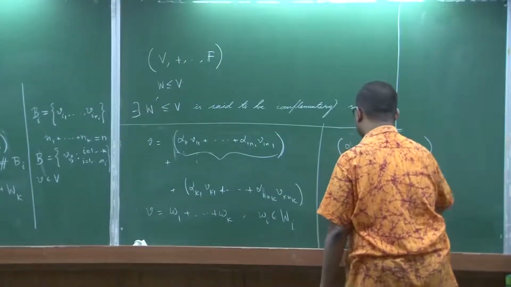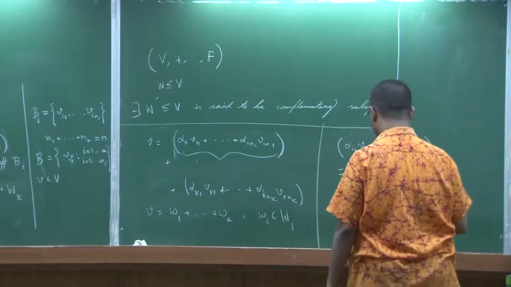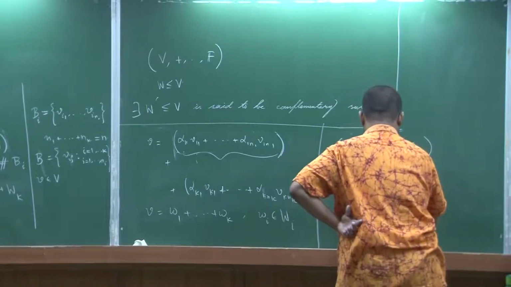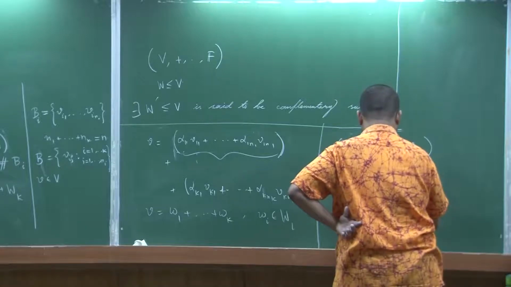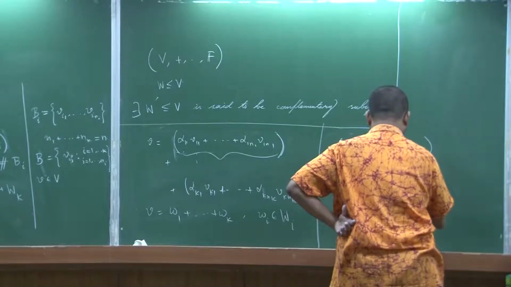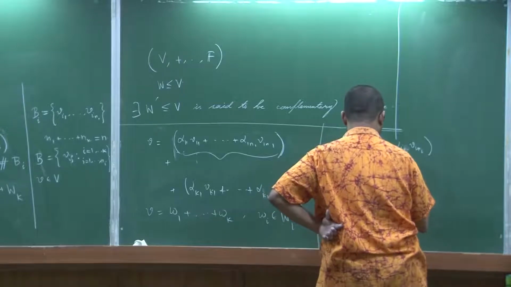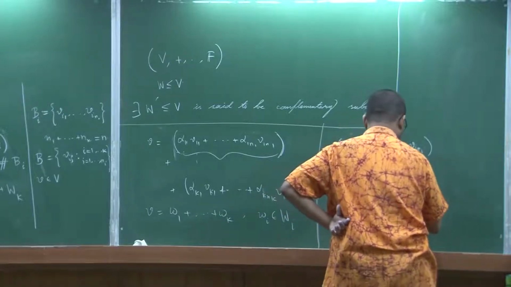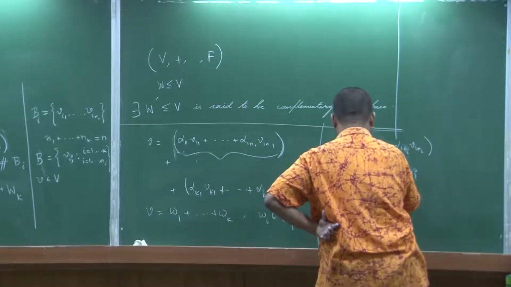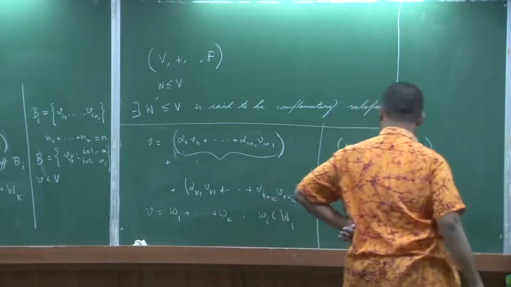For some coefficients beta_rj, it is the sum of beta_rj V_rj, where j runs from 1 up to nr and r runs from 1 up to k, but r not equal to i.